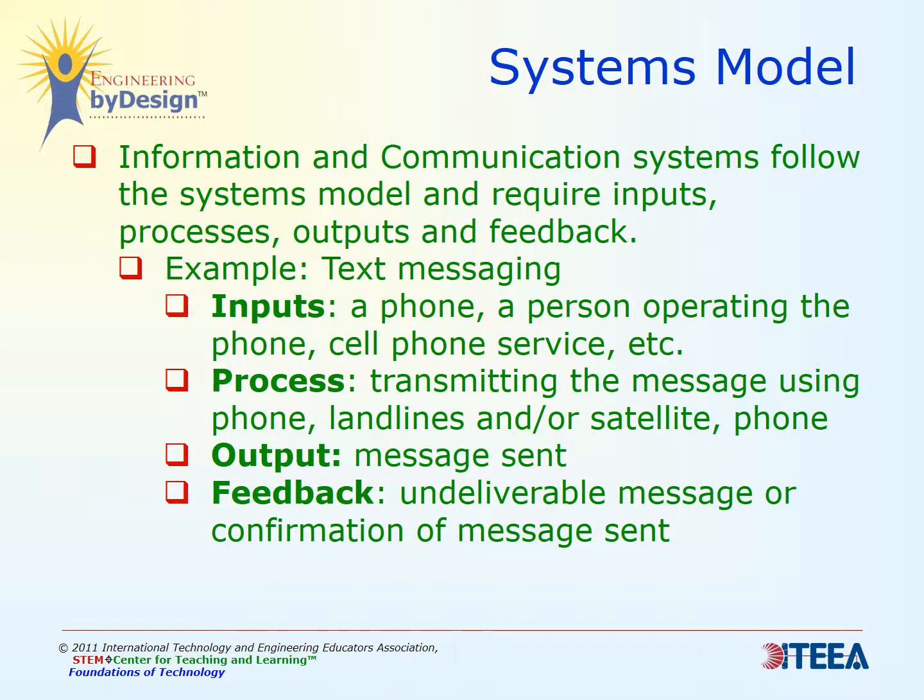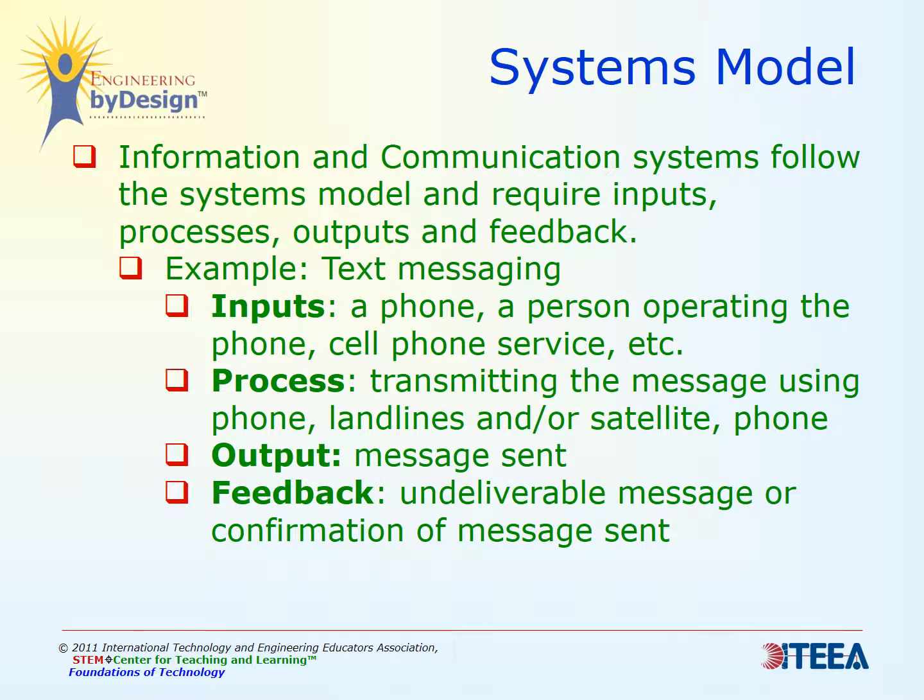For our systems model, information and communication systems will follow a system model, and require inputs, processes, outputs, and feedback. Now let's take a text message, which 99% of you are probably familiar with.